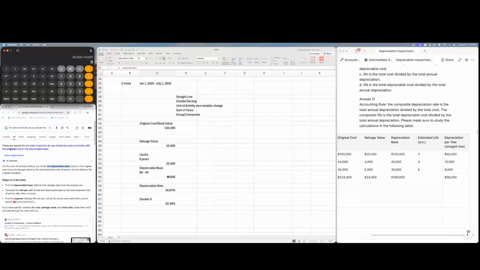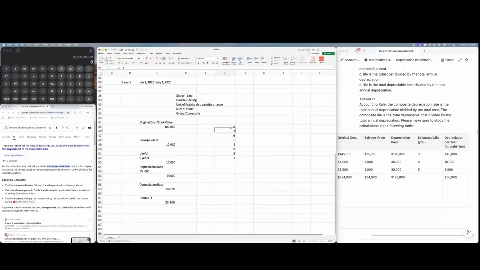For sum of the years, depending on how many years of useful life, let's say 8, then 8, 7, 6, 5, 4, 3, 2, 1, and add these all together, this would be 36. So the first year would be 8 over 36.